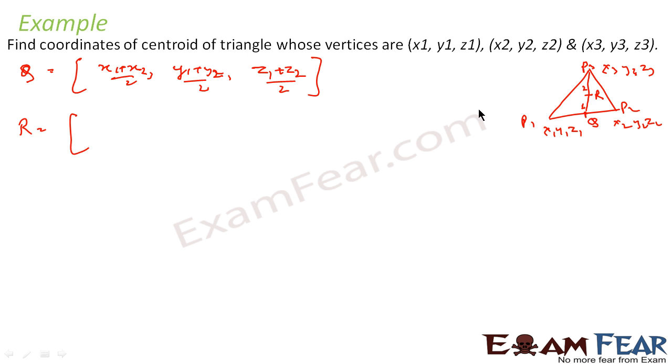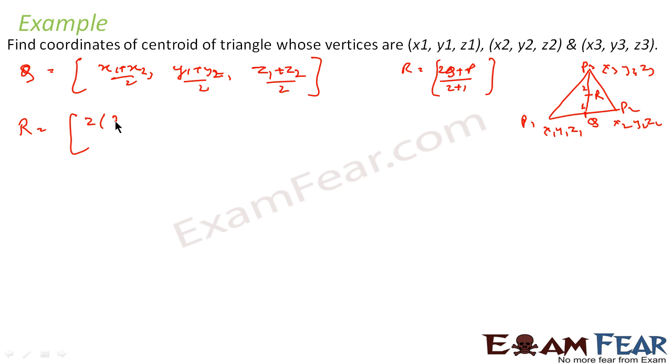R will come out to be 2 into Q. I'll say R is nothing but (2Q plus P3) by (2 plus 1). Correct. That is the m:n ratio formula. So we'll say 2 into Q always.